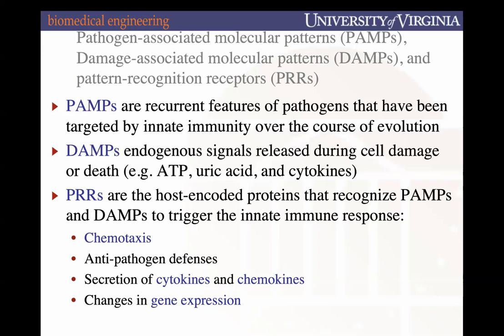We're also starting to see that a lot of different cells express them and communicate to immune cells and induce certain reactions. There are also chemokines. Chemokines induce chemotaxis. You can think of them as another soluble factor, but this time, instead of simply being a signaling cue, it is promoting movement of the cell, migration, chemotaxis. And finally, it promotes changes in gene expression. So these pattern recognition receptors are a key feature of cell-mediated innate immunity.